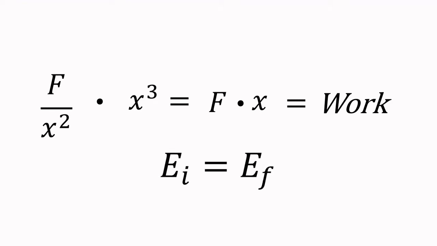Energy initial is equal to energy final. You have a certain amount of energy in your gas, and at the end, you're going to have that same amount of energy. So in other words, pressure times volume equals work. Kind of. It's a little more nuanced than just that.